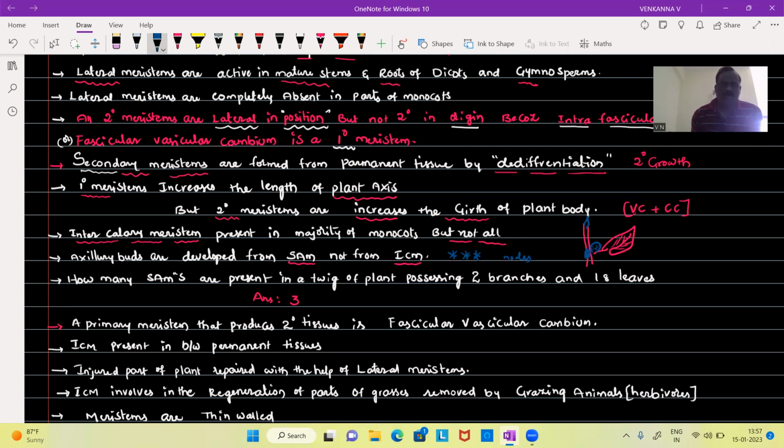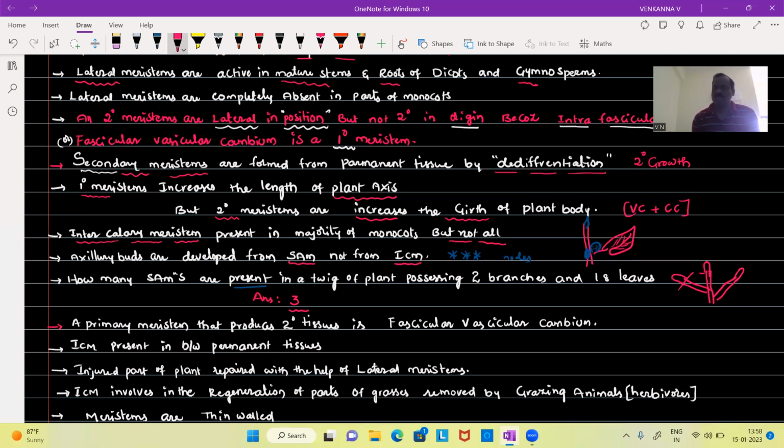Suppose they ask a question like: how many shoot apical meristems are present in a twig of a plant possessing 2 branches and 18 leaves? Simply, the answer is 3. Why? How many branches are there? 2. Suppose this is one axis. It has one branch on the right side and another on the left side. The main axis terminates with one shoot apex, and here also one, and here also one.